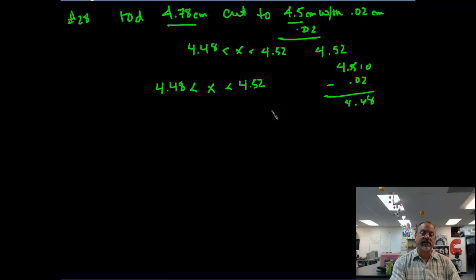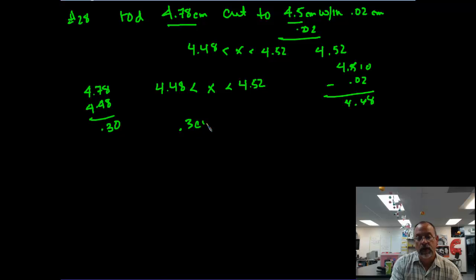Now the question is, how much do I need to cut off? So I need to know, well, I'm starting with 4.78, so if I cut it down to 4.48, how much did I cut off? So we just go ahead and subtract that. 4.78 minus 4.48, that's 0.3, so I could cut as much as 0.3 off.